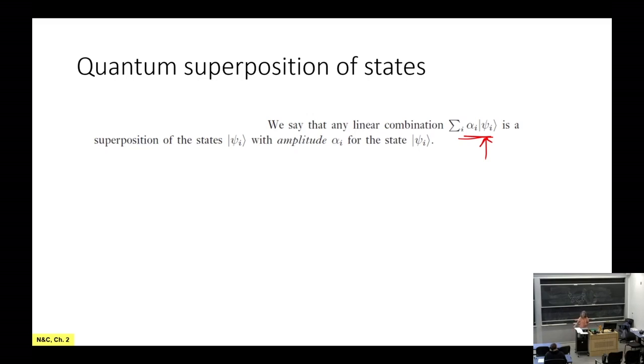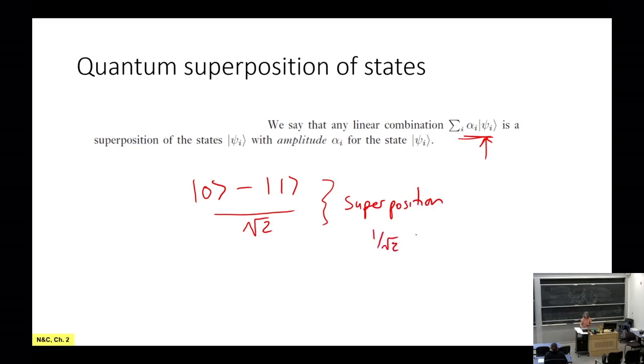And so if we wanted to take an example like this one, (0 minus 1) divided by square root of 2, this is a superposition of the state 0 and 1 with an amplitude of 1 over square root of 2 for the state 0 and an amplitude of minus 1 over square root of 2 for the state 1. So that's really all we need to think about in terms of our quantum information landscape for postulate 1 of quantum mechanics. So the qubit is our state space.